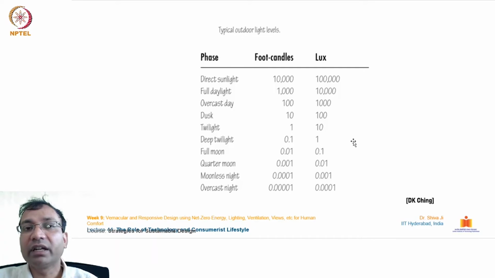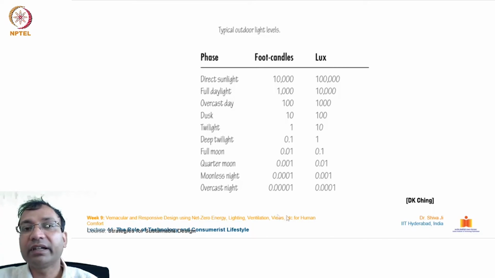At the deep twilight we get 1. On a full moon day we get a lux level of 0.1. A quarter moon day we get 0.01. Moonless night 0.001. Overcast night we get only 0.0001.